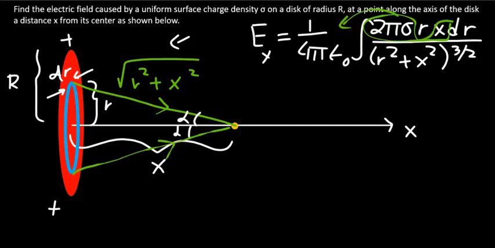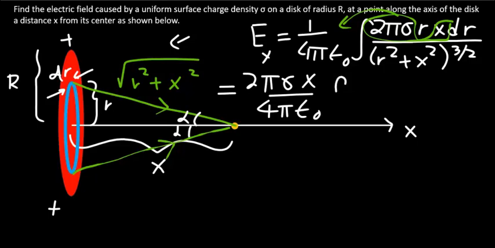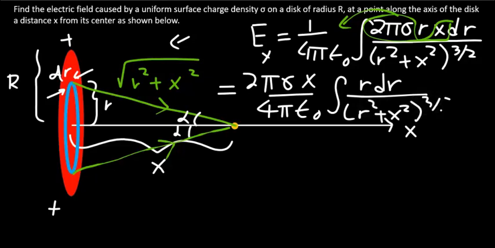That's going to give you 2 pi sigma x over 4 pi epsilon naught integral of r dr over (r squared plus x squared) to the power 3 over 2. What about the limits of integration? This r can extend from 0 all the way to capital R. So the lower limit is 0, the upper limit is capital R.